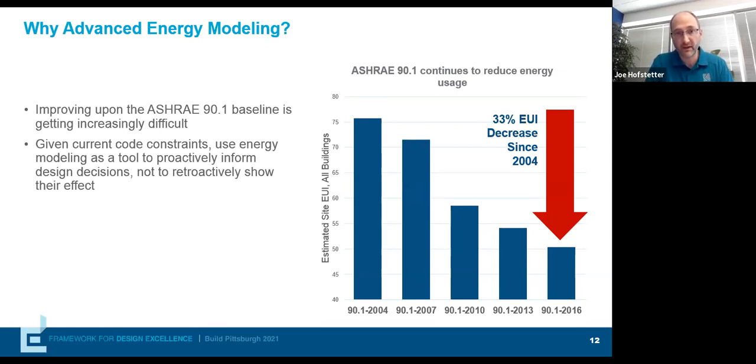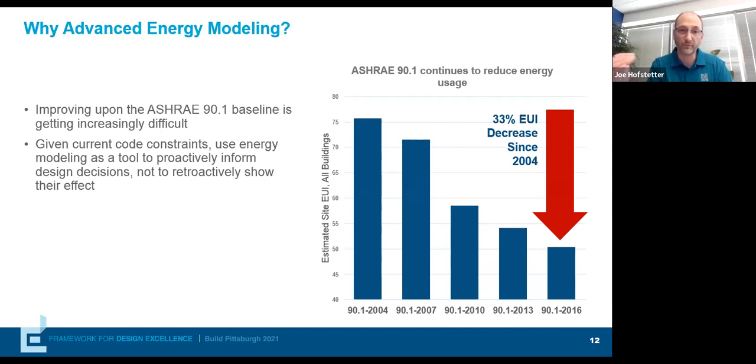Same thing with equipment efficiency. And there are a lot of things, like in the sequence of operation, that we could implement in an energy model to just do better than code, and, if you will, outsmart the standard.